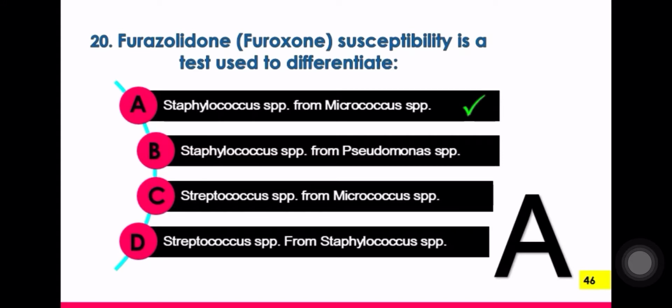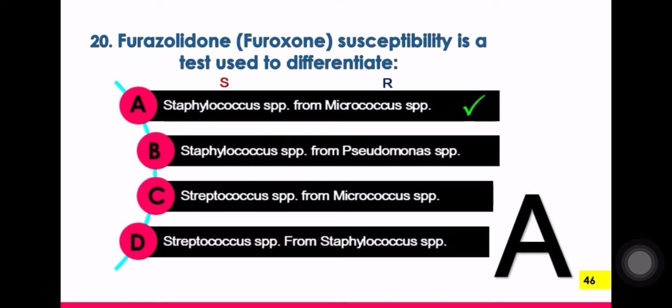The correct answer is letter A, Staphylococcus from Micrococcus. Remember, Staphylococcus is furazolidone susceptible, and Micrococcus is furazolidone resistant. Number 20, letter A.